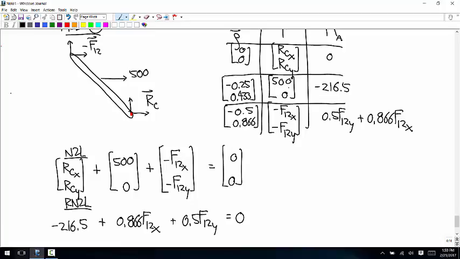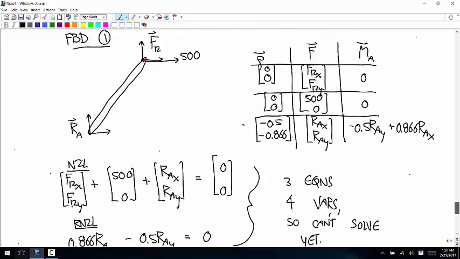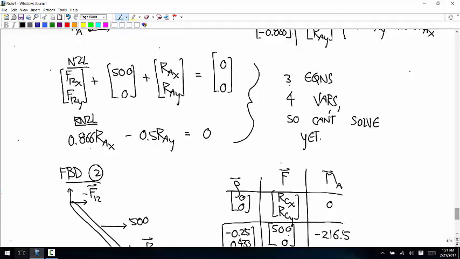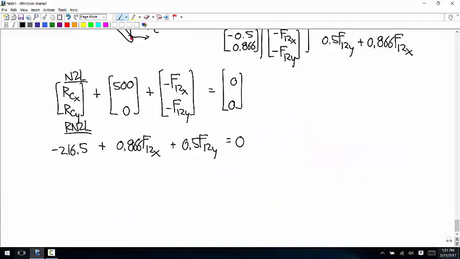Now what we have is 3 equations here, 3 more equations here. We have 6 equations. And how many variables? In the first set of Newton's laws, we had F12, that's 2 variables.